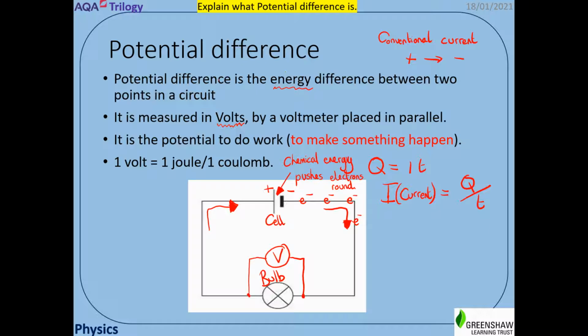Now, what the actual potential difference is, and I'm going to put this coming off here, here we go. So the potential difference is the energy transferred by the electrons.